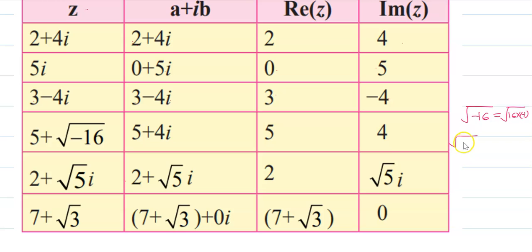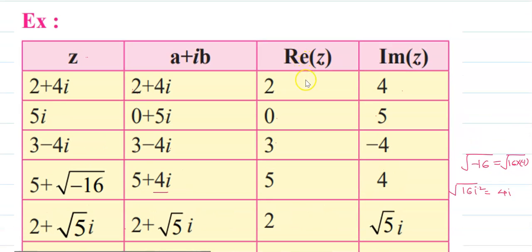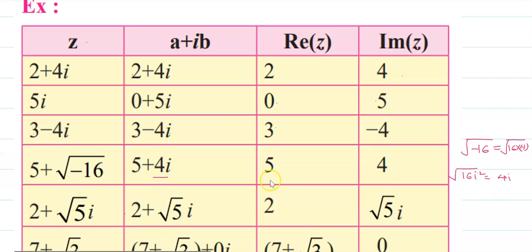And root of 16 is 4 and root of minus 1 means what? i. If we take the square roots of these two, then you will get 4i. Therefore, 5 plus root of minus 16 is nothing but 5 plus 4i. Okay, therefore, in this complex number the real part is 5 and the imaginary part is 4.